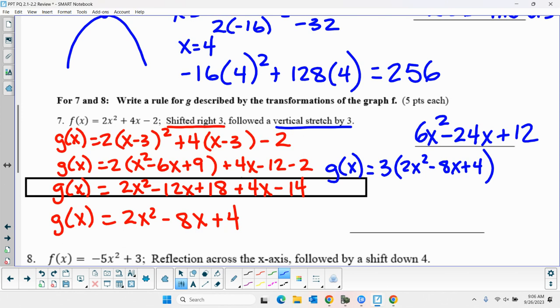So, the part that kids always mess up on is right here, going from x minus 3 squared to this. Again, you square the x to get the x squared. You multiply x times negative 3, times 2, to get negative 6x.